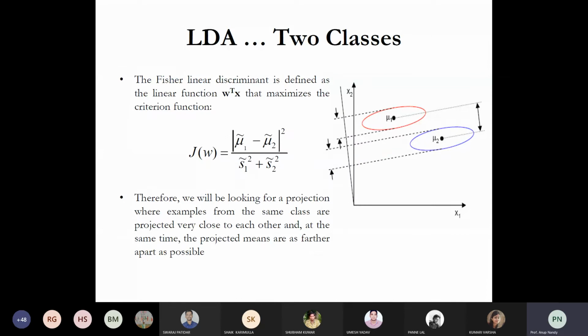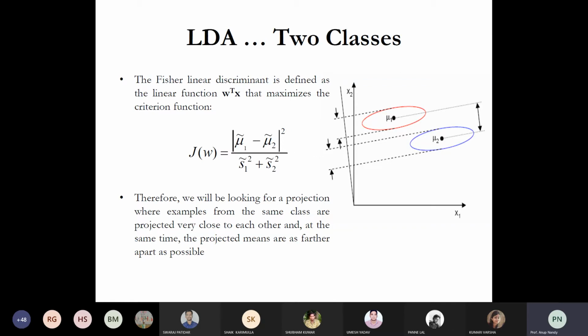And now you can see it. If you project it in this way, in the x2 direction, you can have the Fisher linear discriminant ratio. This ratio is sometimes known as the Fisher ratio. This is the mean difference between these two classes, (mu1 minus mu2) square, divided by s1 square plus s2 square.